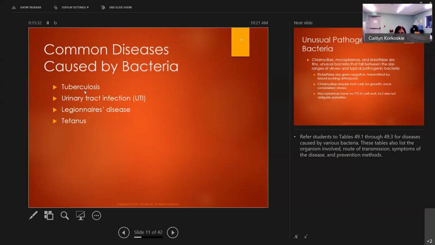Tuberculosis is caused by a certain type of bacteria, and again, it's classified on how it survives in those environments, and also the route of transmission.